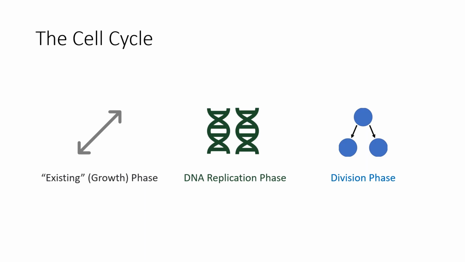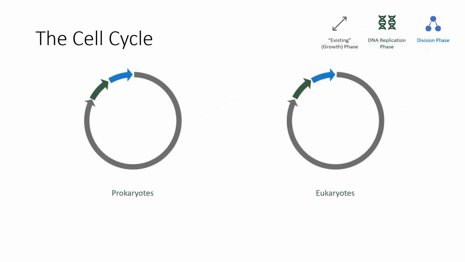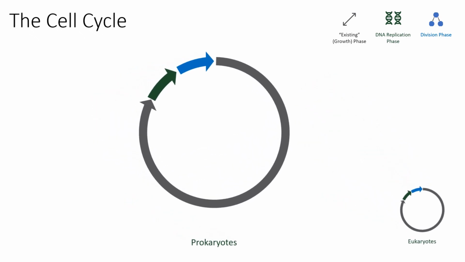Each of these phases is divided into different sub-phases depending on the type of cell you are talking about, though. So let's break it down, comparing our prokaryotic cell cycle to our eukaryotic cell cycle, starting with prokaryotes.